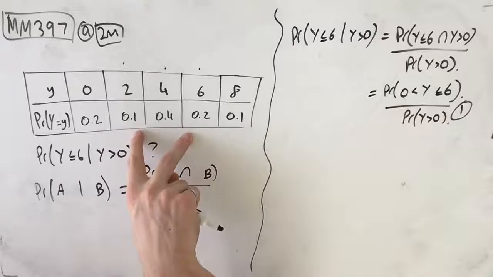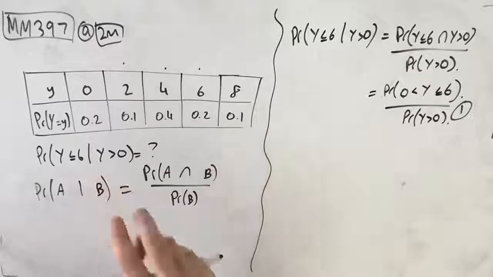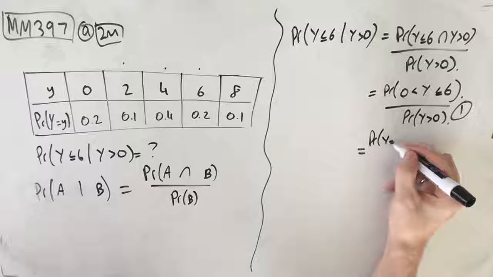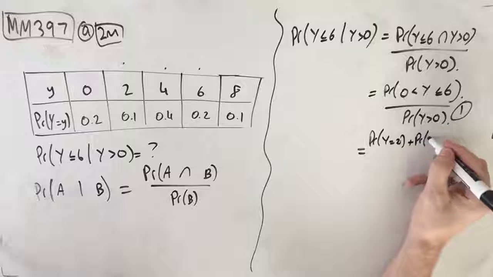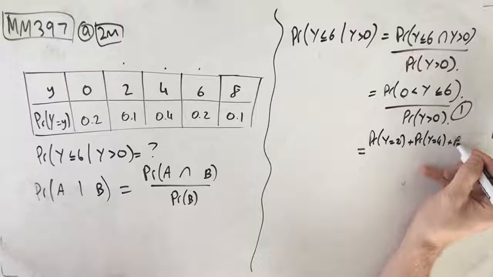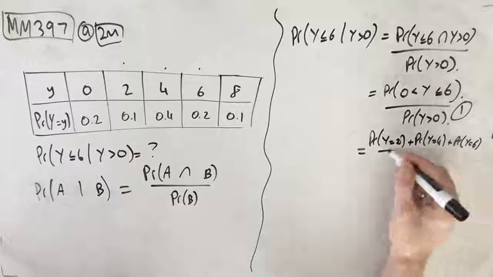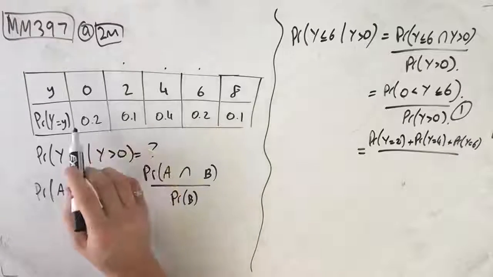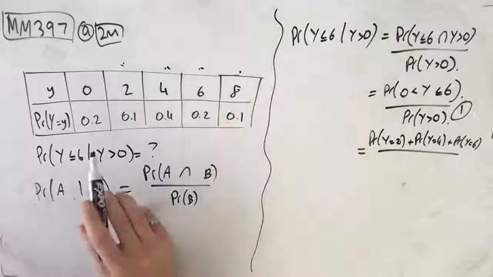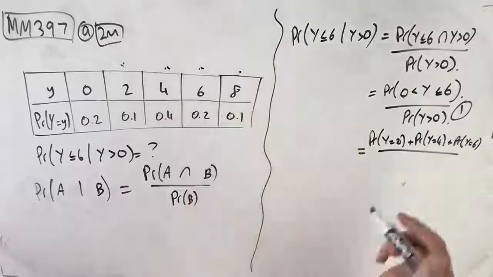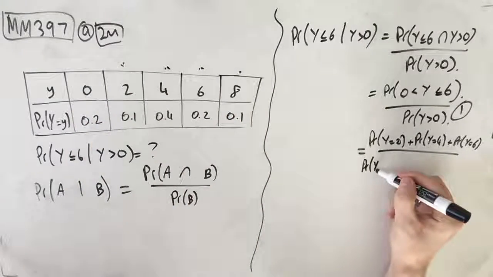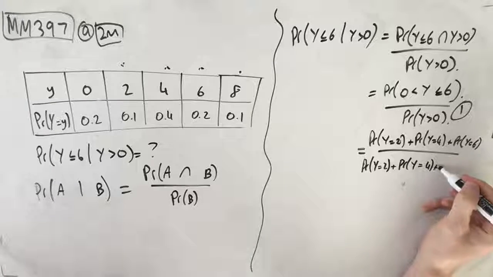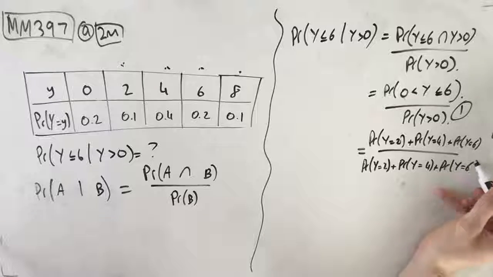So we get the probability of y equals 2 plus the probability that y equals 4 plus the probability that y equals 6, over the probability that y is greater than 0. So everything greater than 0 is 1, 2, 3, 4, right? Not including 0, but including these 4.